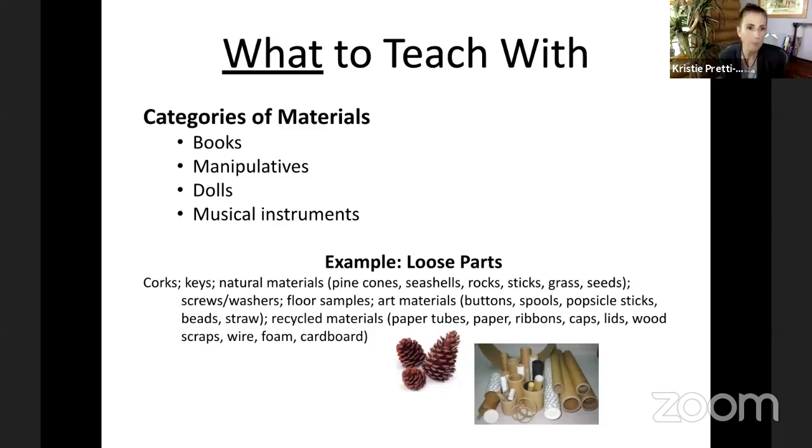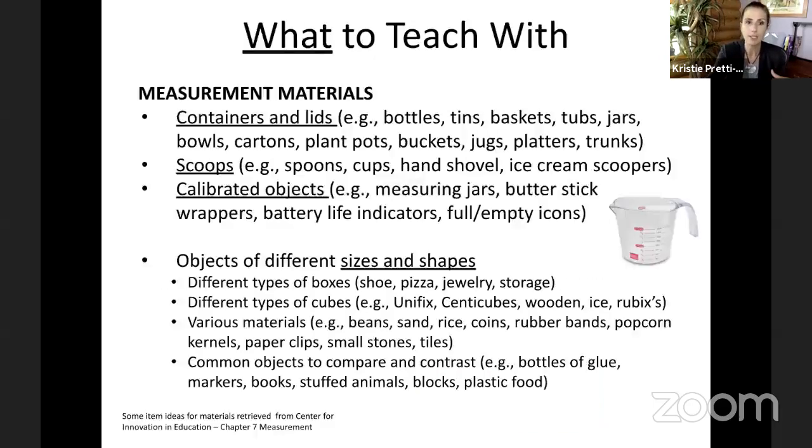And then if we think broadly about musical instruments, have we talked to those in our community about what are musical instruments that kids have exposure to? And then of course, my favorite is loose parts. So always thinking about how can I differentiate or broaden by thinking about the materials.